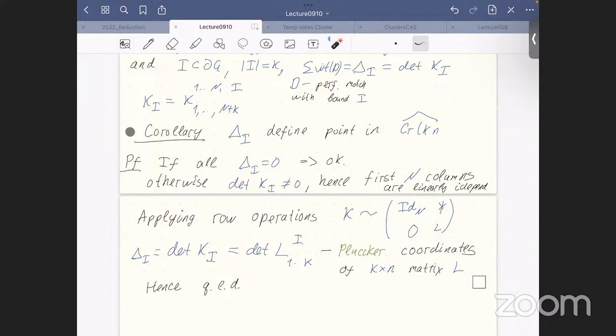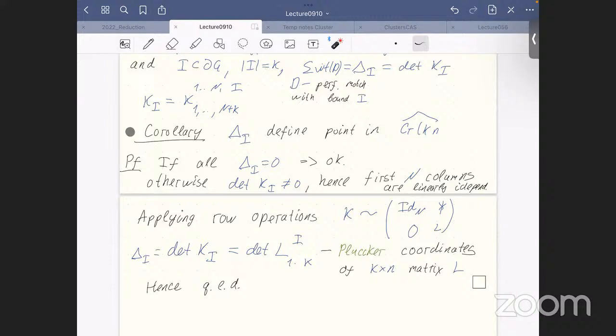I apply row operations to the matrix. It doesn't change any of these determinants. By row operations, I mean I can permute them, I can add them, and so on. Sorry, we use only row operations? Yes, we use only row operations.